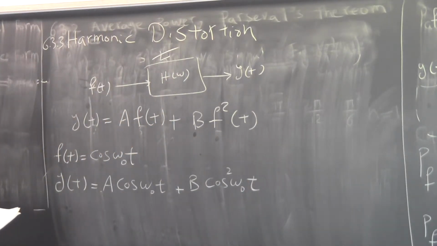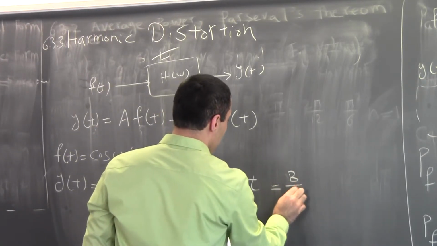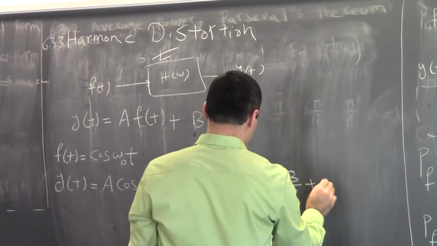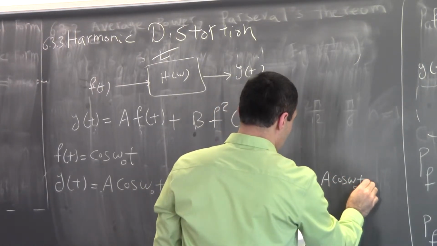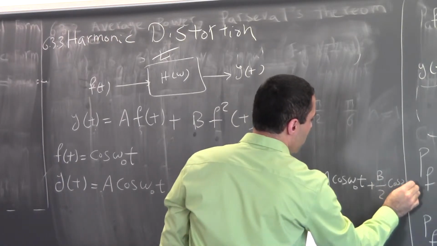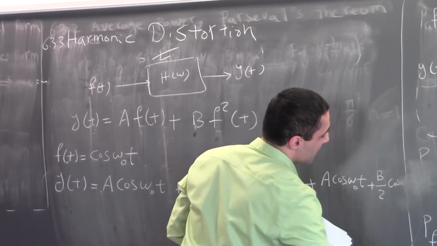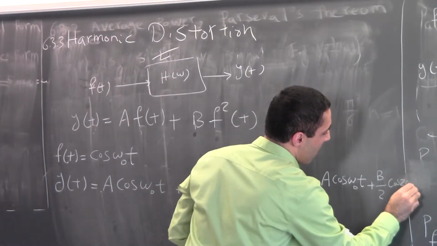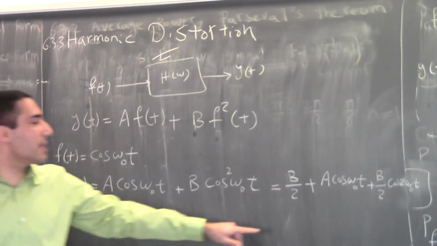That's what I'm going to get. If I do some simplification, with a trigonometric calculation, I'm going to have cosine of 2 omega 0 t. This is 2 omega 0 t. I hope you can see it. And you can see how ugly this is.